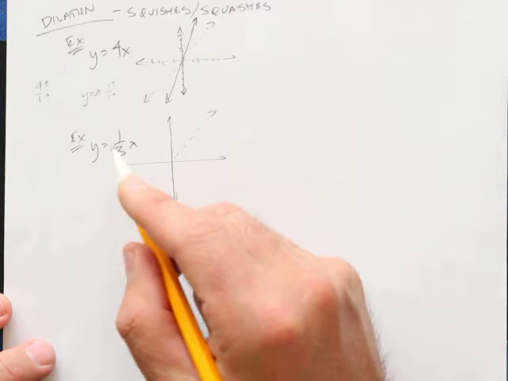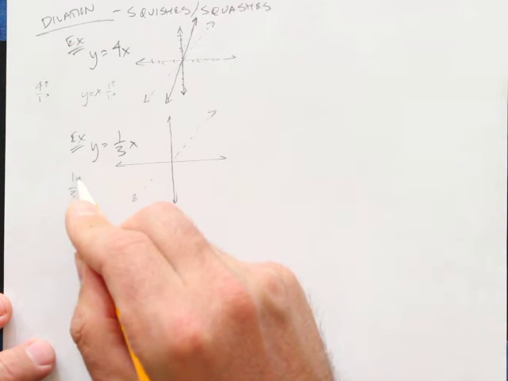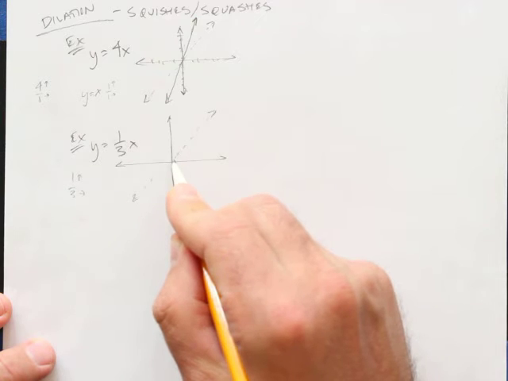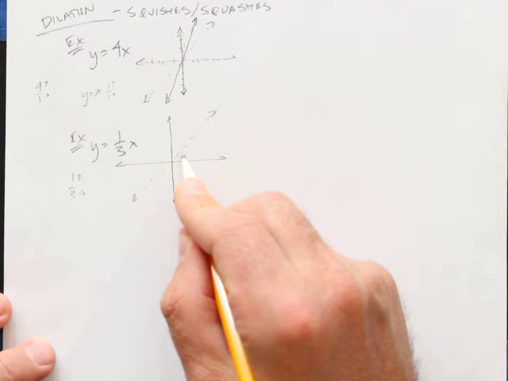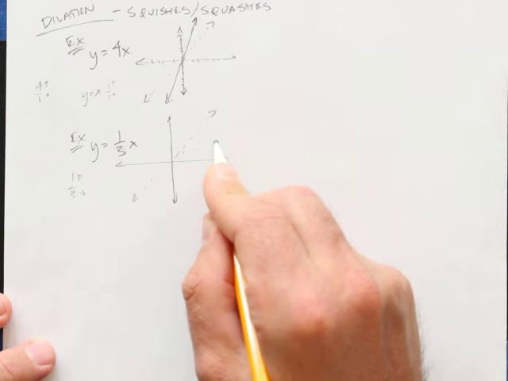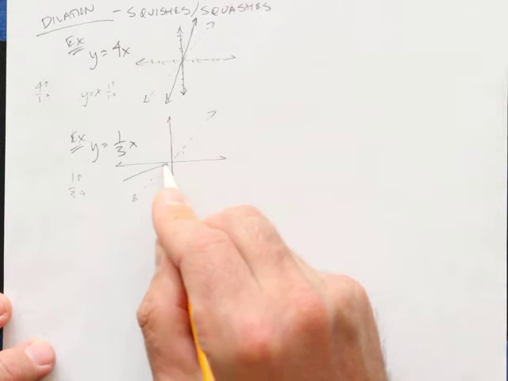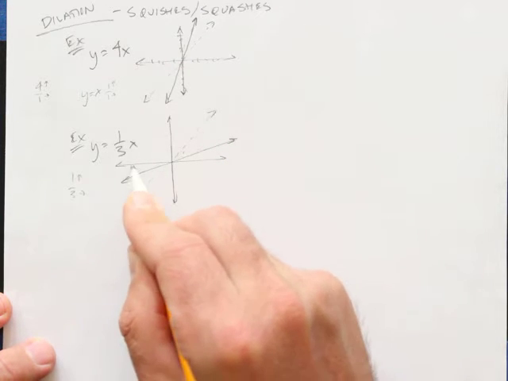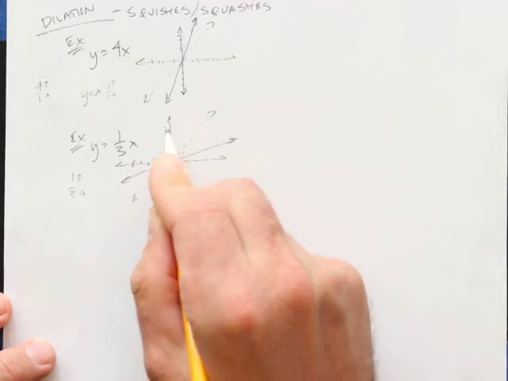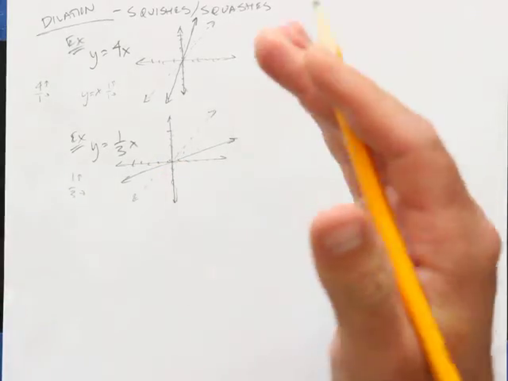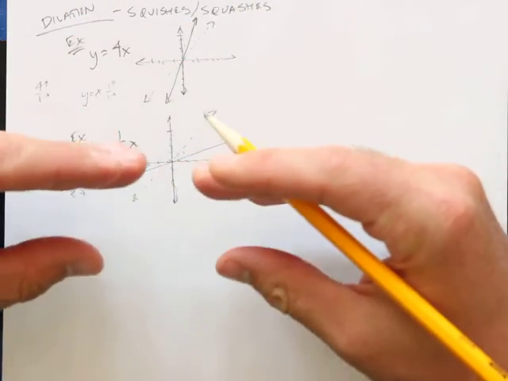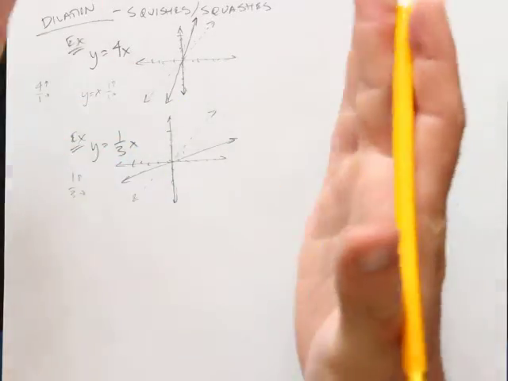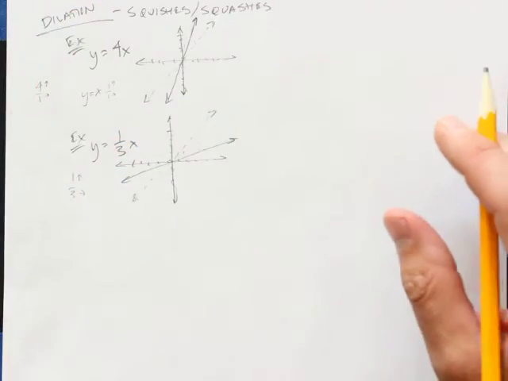So I would go up 1 to the right 3. So this time, if I go up 1 and to the right 3, up 1 to the right 3, up 1 to the right 3, then my graph looks like this. So it actually smashes it this way instead of squishing that way.